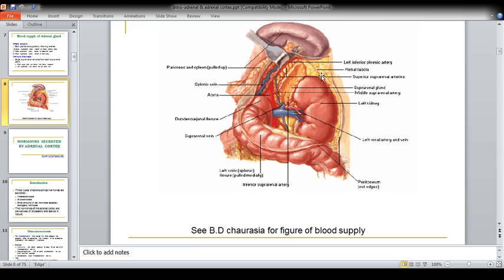So we can see here, this is the suprarenal gland, which is supplied by the superior suprarenal artery, the middle suprarenal artery, and the inferior suprarenal artery.